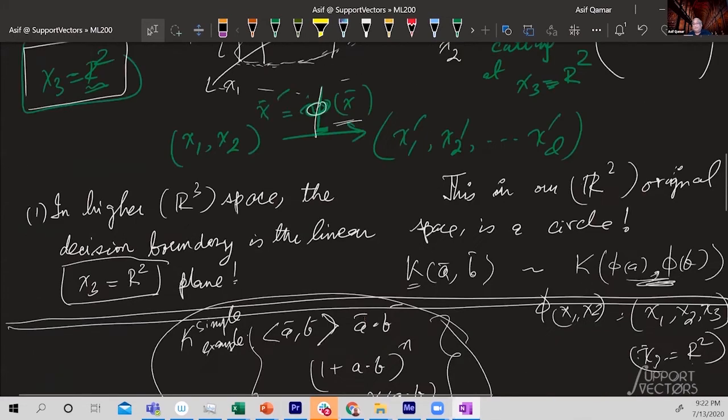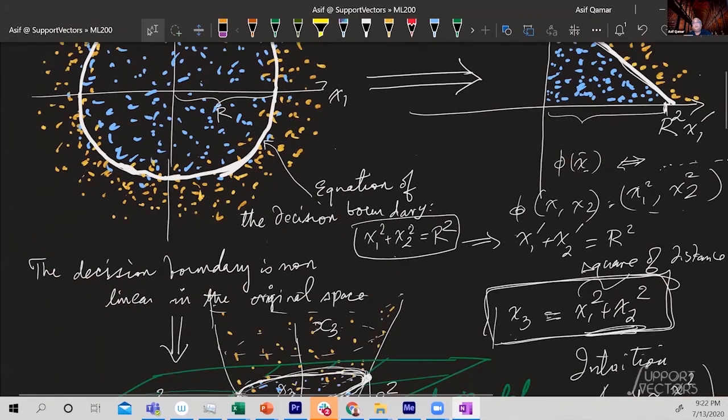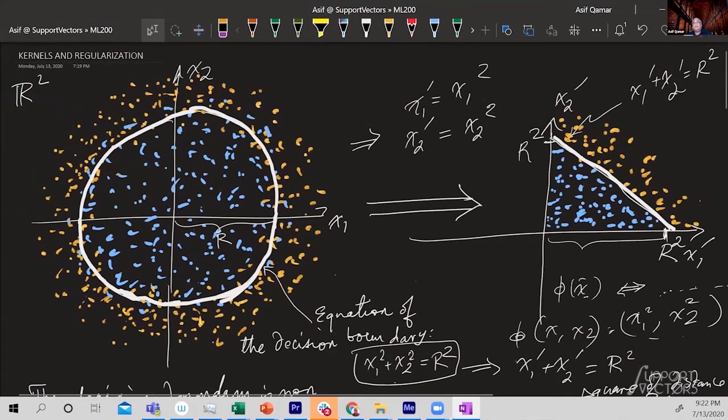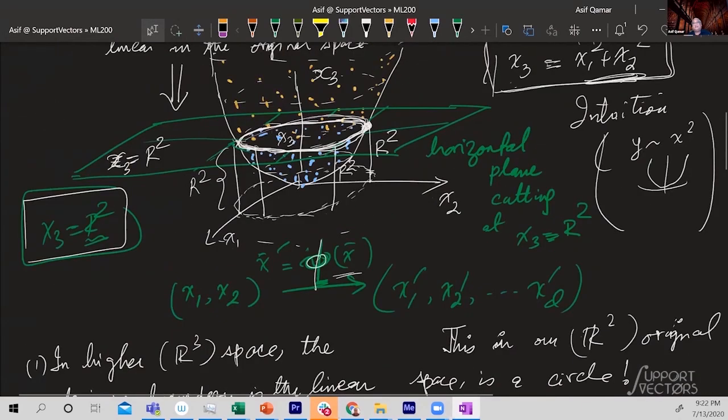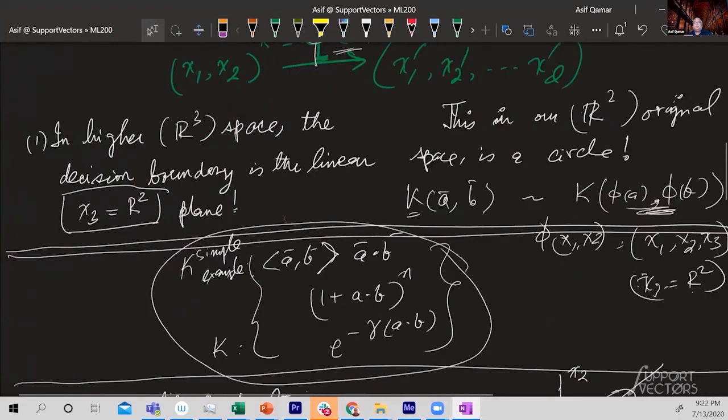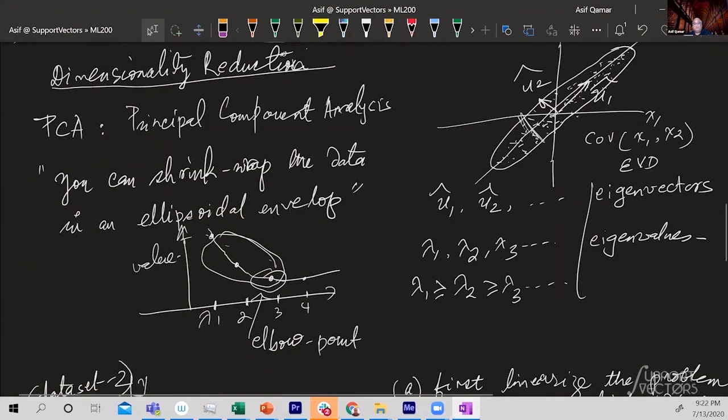For example, this problem looks simple. We could reduce it to one dimension, the z-axis, the x3 axis. But there are problems which cannot be reduced to lower dimensions, where information is scattered in the entire volume of the feature vector space.